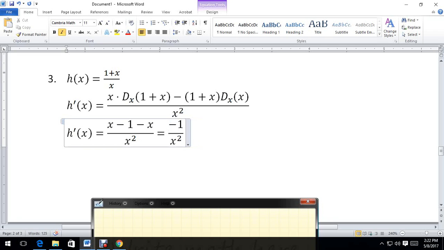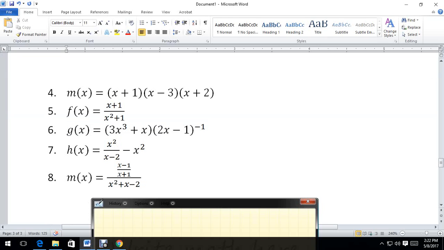We could write this fraction form as is, or we could take the negative sign outside of the fraction sign and just write 1 over x squared, with the negative going out in front of the fraction. So finally we have h prime of x equal to negative 1 over x squared.